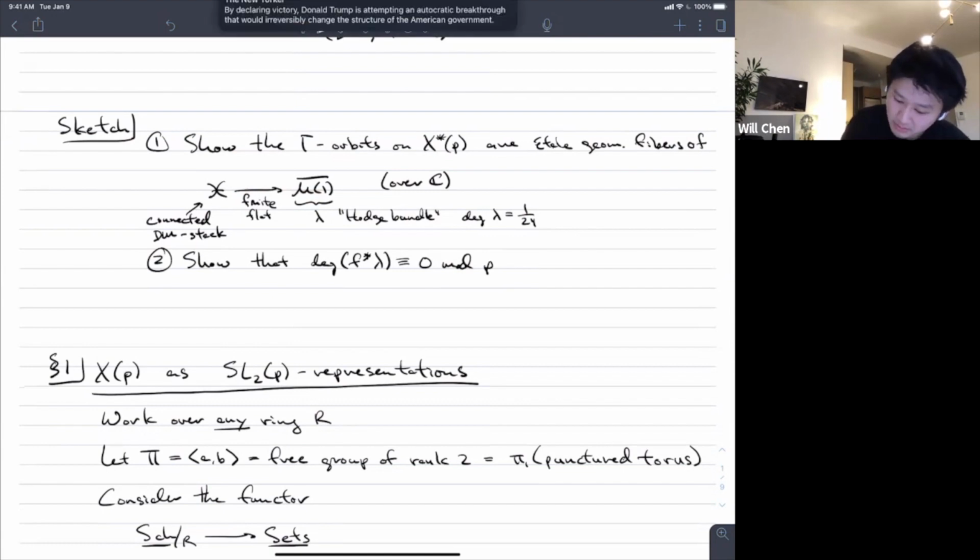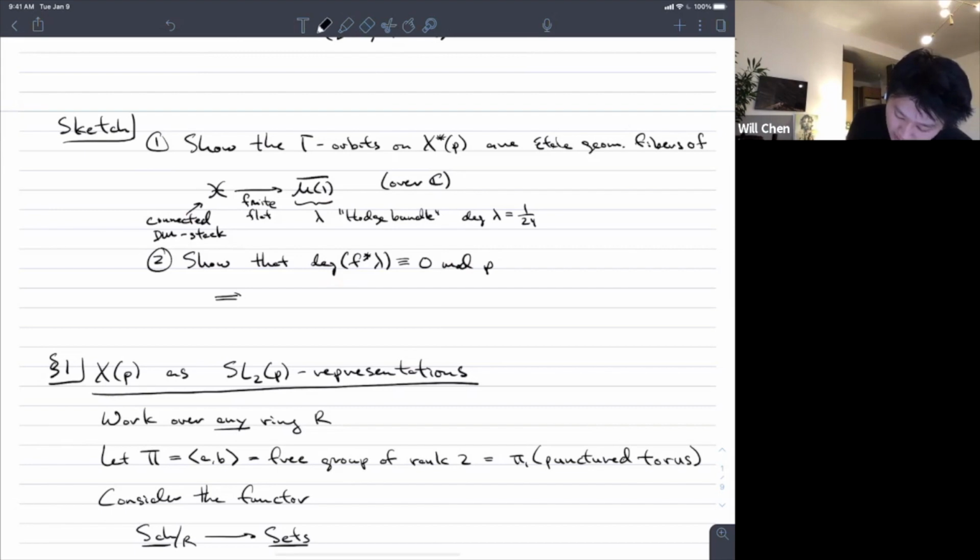So when you pull back a line bundle by a finite flat map, these being one-dimensional schemes, the degree gets multiplied by p. And so if the degree of the pullback is 0 mod p, then for p other than 2 or 3, this would imply that the degree of f is congruent to 0 mod p.